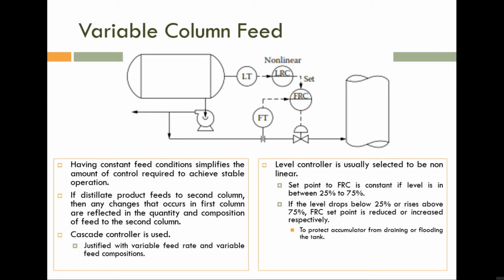Anyway we are using a cascade controller, and if you have two variables, the variable that is the slowest compared to the other is selected as the primary variable. So please note, here we have two choices, level and flow, where level is the slowest variable. So level is selected as the primary variable, and the fastest variable, that is flow, is selected as the secondary variable.